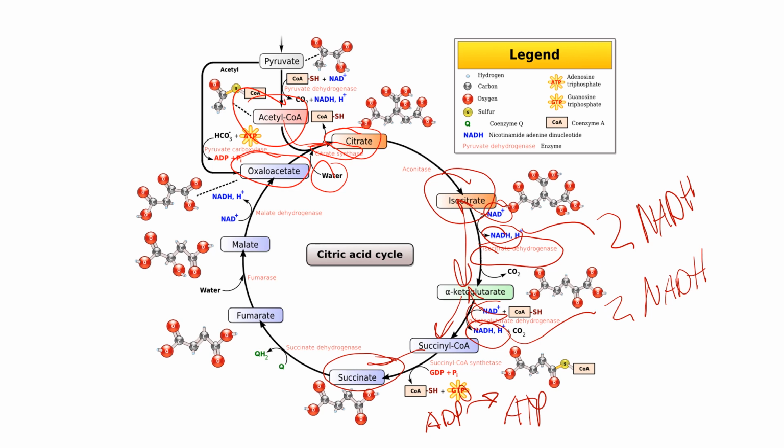So really, when we gain a GTP molecule from this reaction, we're actually gaining an ATP molecule. And this happens 2 times, because of 2 rounds of the cycle, so we've now gained 2 ATP molecules.